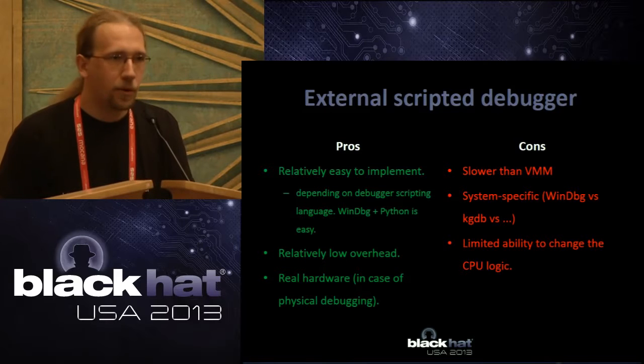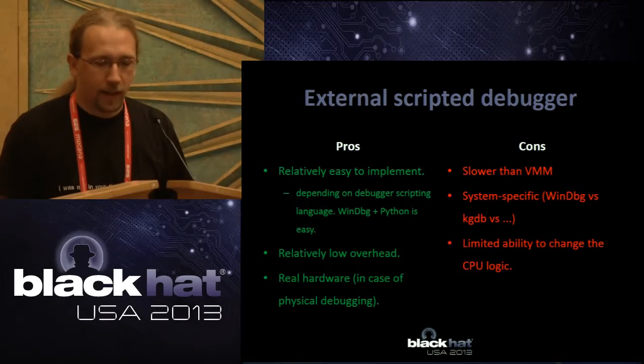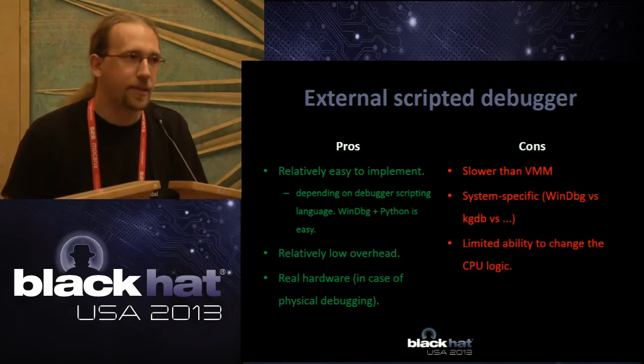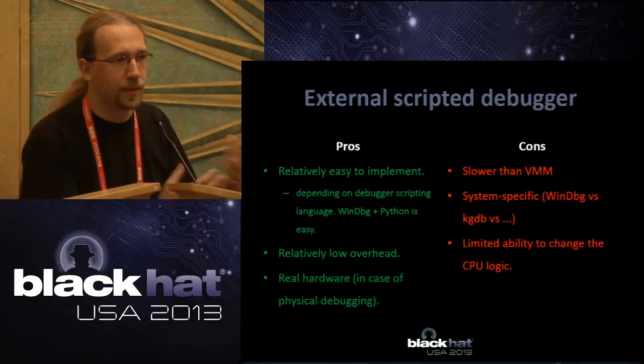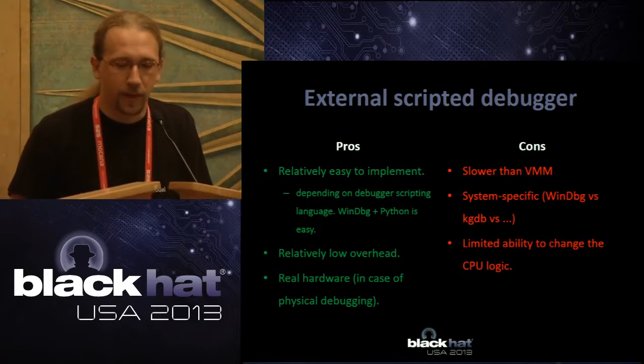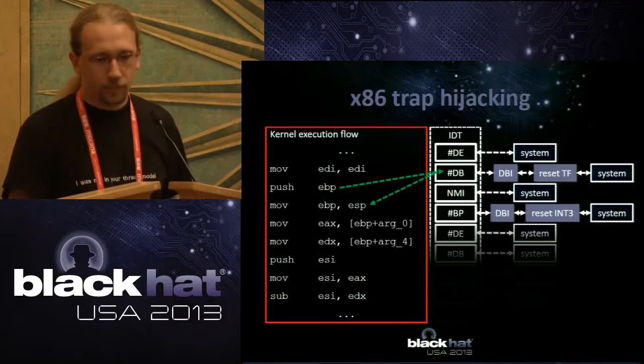It has relatively low overhead in comparison to Bochs, and it can run on real hardware. However, it's still slower than a hypervisor, and it's really system specific. So you either instrument WinDbg or you do it for KD and so on. And it's also limited. You cannot change the logic of the CPU.